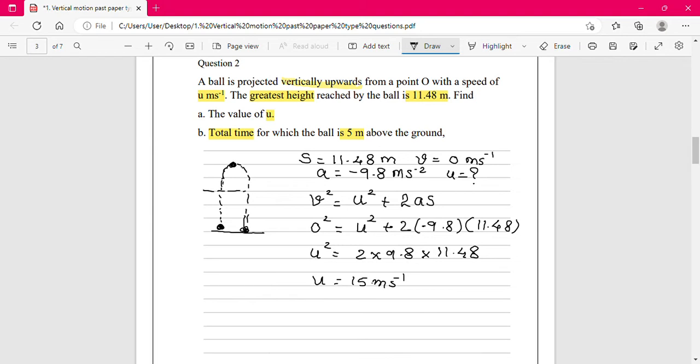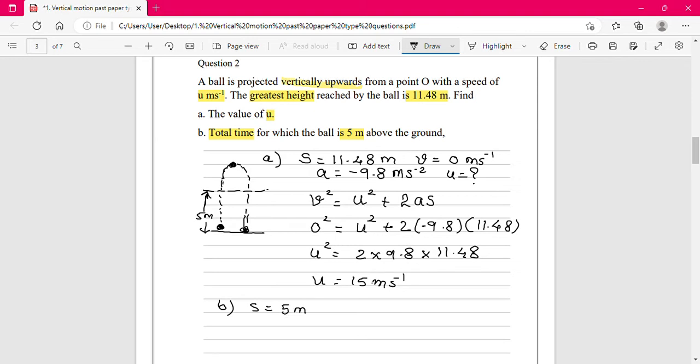So, say this is the height of 5 meter from the ground, and we have to find out the total time for which the ball is 5 meter above the ground. So, for this, we'll take s as 5 meters.